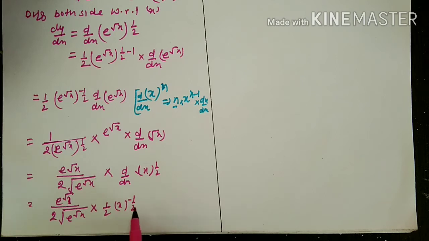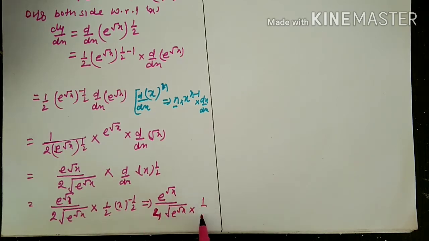So finally we can write it as, this implies that e to the power root x upon 2 root e to the power root x into 1 upon root x. Clear?